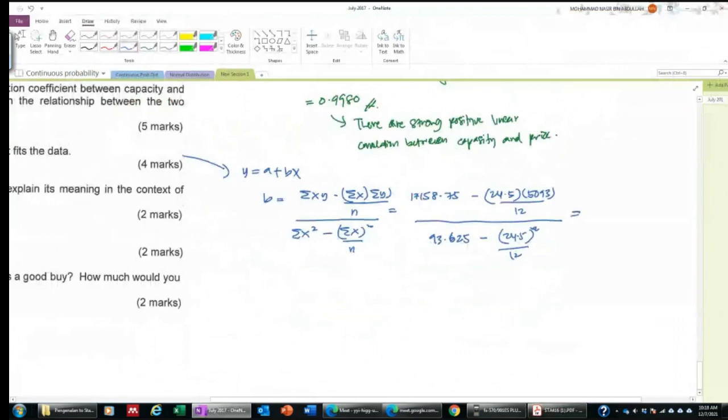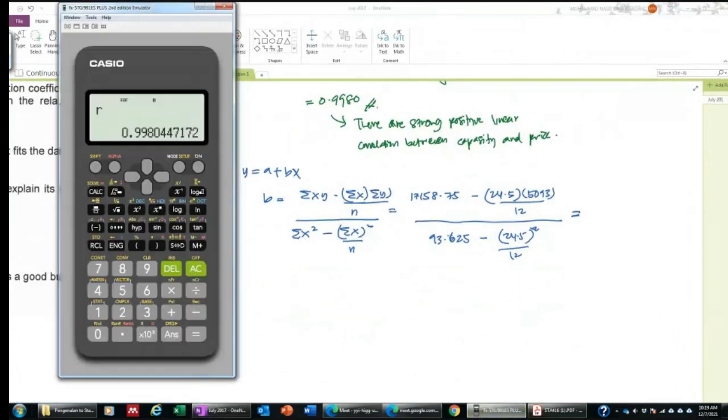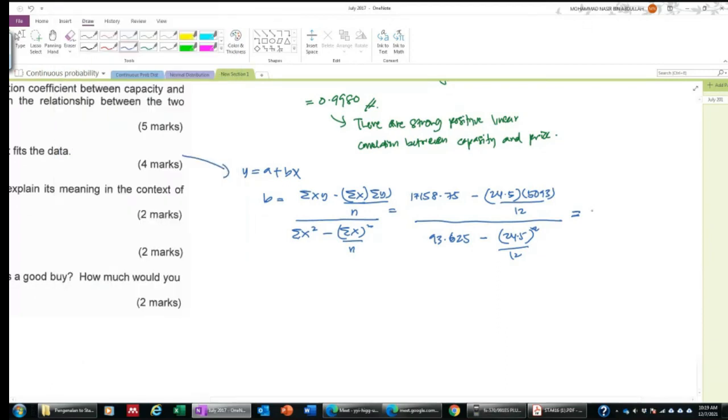So this one should be equal to how much? We don't need to calculate, we just press shift 1. Just now we already keyed in the data, right? So shift 1, press 5, press 2 for beta. So 155.04. 155.04. Just a moment.